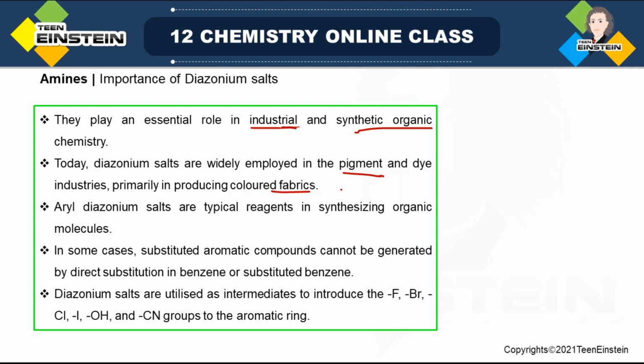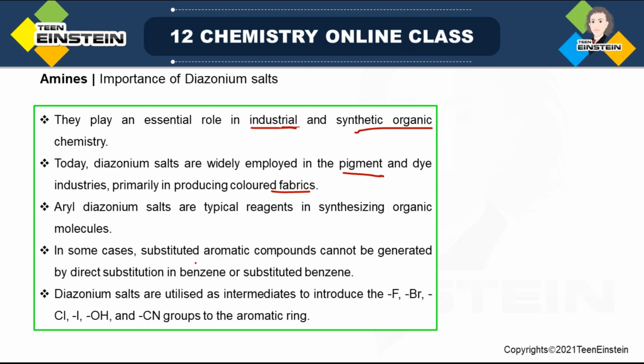And in synthetic organic chemistry, we have seen many different types of reactions, mainly those where you replace the N2 group with H, OH, halogen, cyano, like this. That is a very important synthetic application, because some molecules, for example fluorobenzene, you cannot make by other methods, which is really difficult, but in this way you can easily make it.